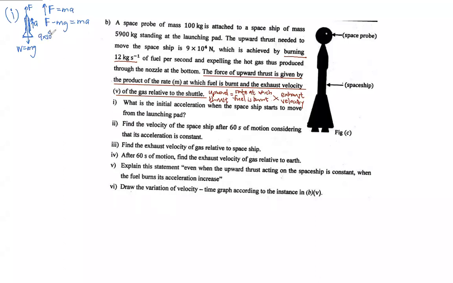What is the mass? The total mass is 100 plus 5900, so that is 6000 kilograms, times acceleration a.